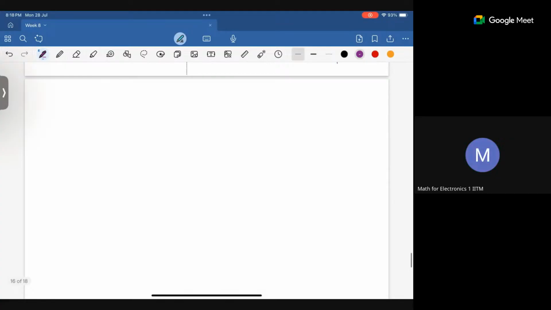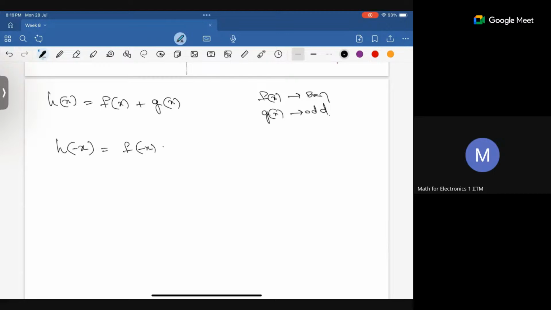You can generalize it because if you have f of x plus g of x, where f of x is even and g of x is odd, and you treat this as h of x, then h of minus x is f of minus x plus g of minus x. Since f of x is even, f of minus x will be f of x. Since g of x is odd, g of minus x will be minus g of x.